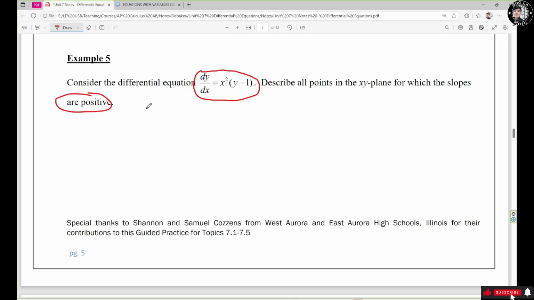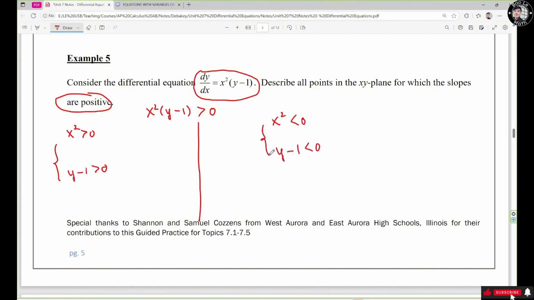So, s squared times y minus 1 must be greater than 0. Now, you have two different cases. S squared greater than 0 and y minus 1 greater than 0, right? Or s squared less than 0 and y minus 1 less than 0, right?